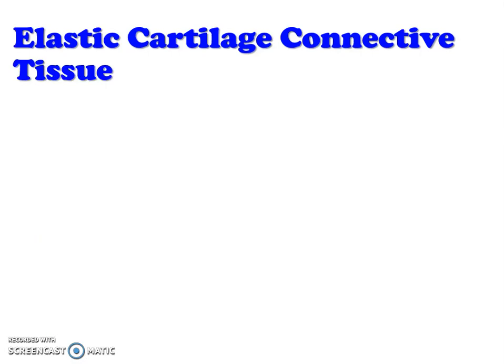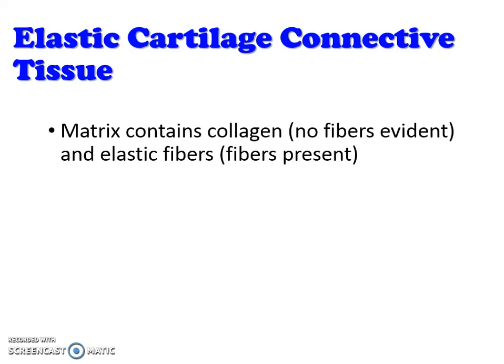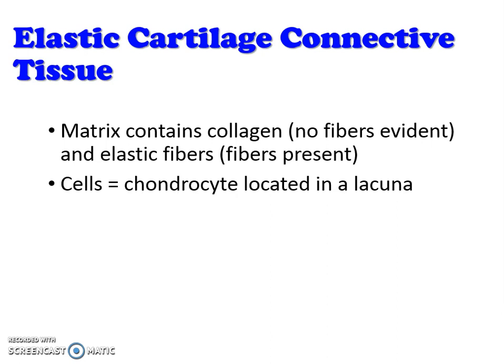Next type of cartilage connective tissue is elastic cartilage connective tissue. And elastic cartilage connective tissue is going to have matrix that contains collagen, but you can't really see it. And it's going to have elastic fibers or elastin fibers, and you will be able to see those.